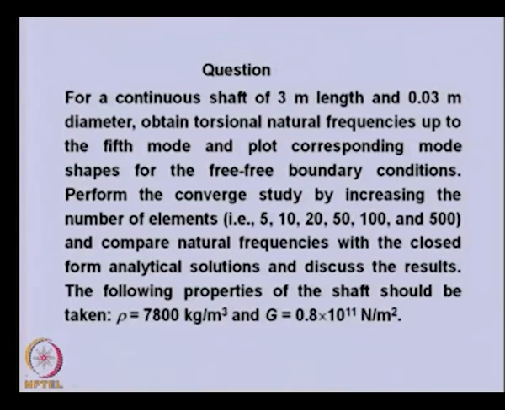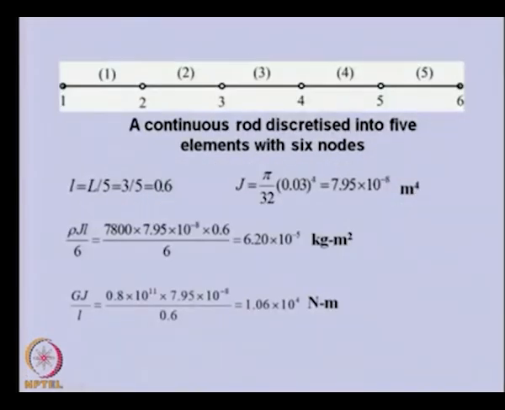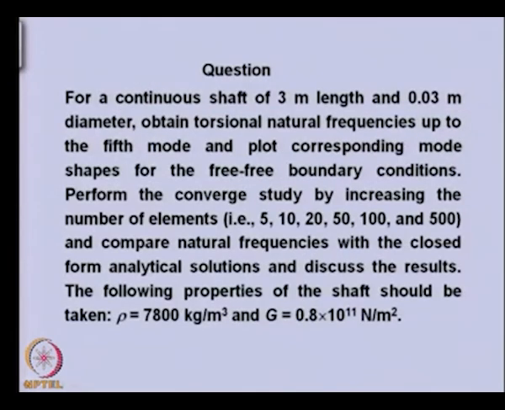So let us take the case of a simple continuous shaft, 3 meters in length, with a given diameter, and having distributed properties. This shaft is freely supported, and we need to obtain up to the fifth natural frequency as well as the mode shapes.